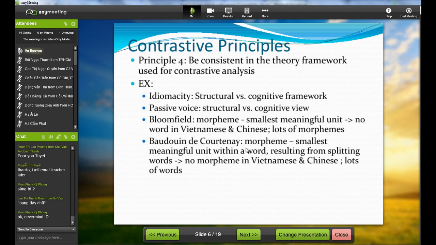For example, structural linguistics defines idioms as a fixed group or set of words whose meanings cannot be predicted by learning the meanings of individual words in the idiom.